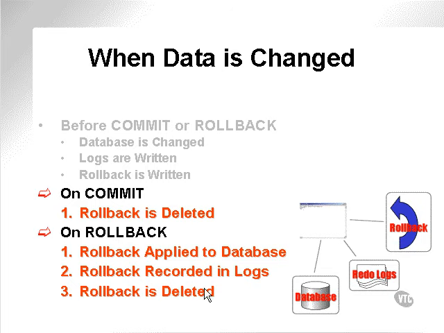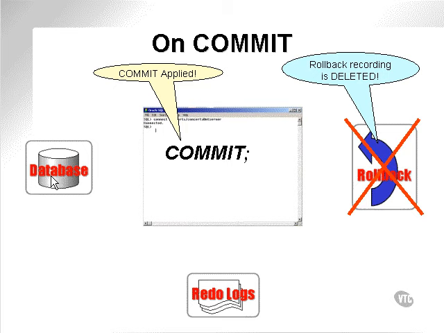When a commit command is applied, all that happens is that the rollback recording is deleted. On commit, the database changes and the redo logs remain as they are because both have already been altered.